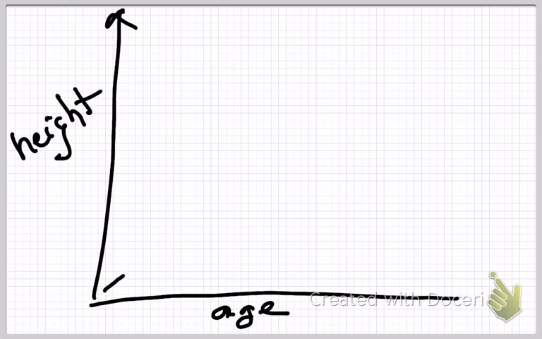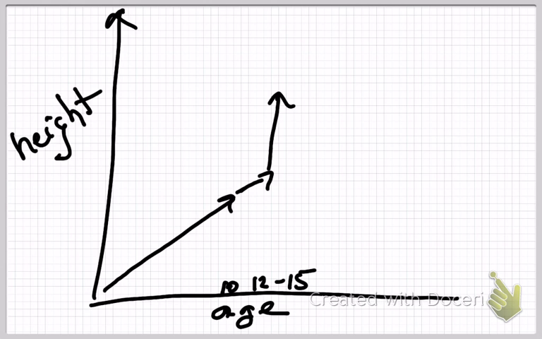And what do you think is going to happen as you get to about the age of 10? You just get taller and taller and taller. And then if you hit puberty somewhere in there, between, say, 12 to 15, what's going to happen in there? You kind of shoot up. Not that much, but I'm trying to draw it big enough for you to see it.